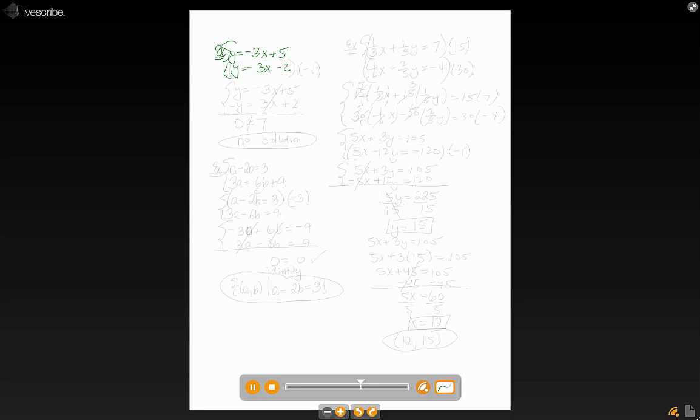Let's do the third example. The third example that we had looked at was a minus 2b equals 3, and 3a equals 6b plus 9.